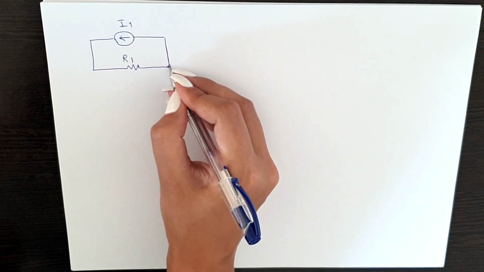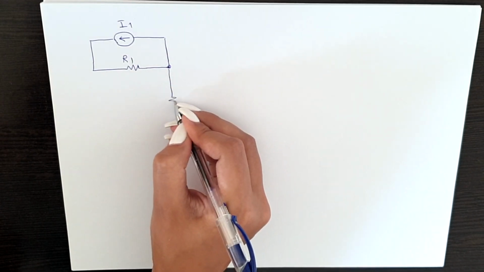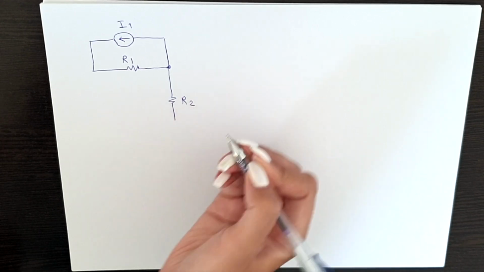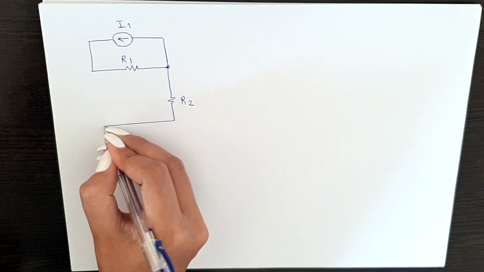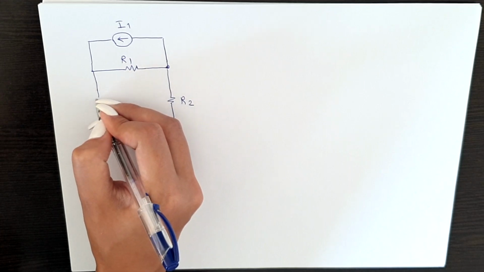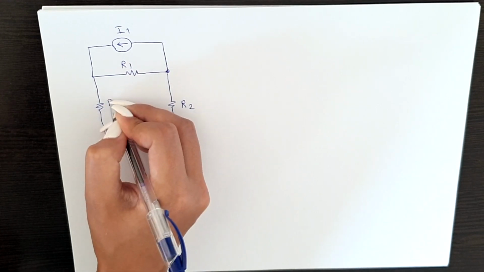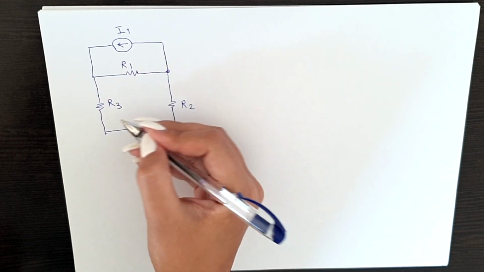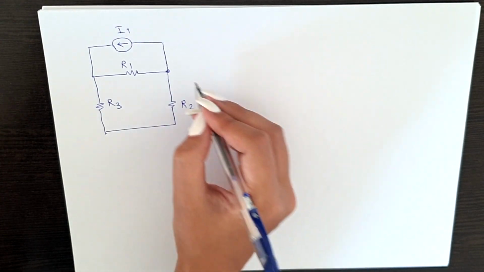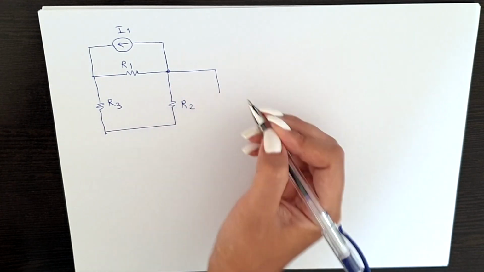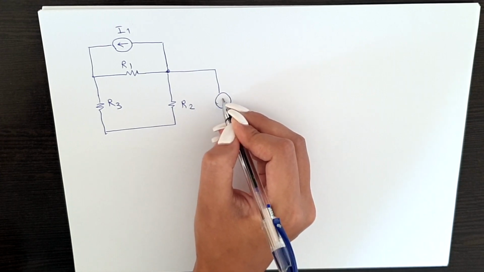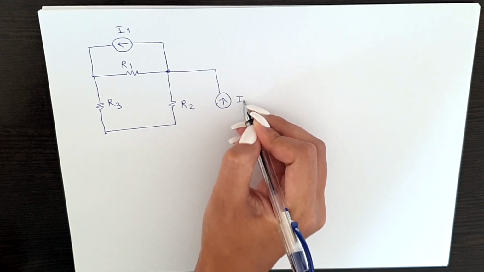It's just a simple circuit. We have three resistances, R1, R2, R3, and then we have two current sources, I1 and I2.